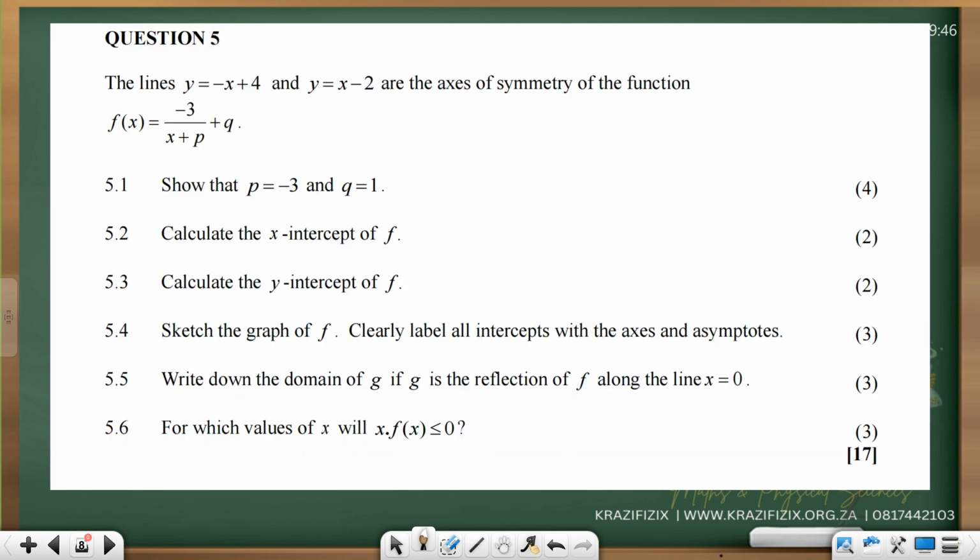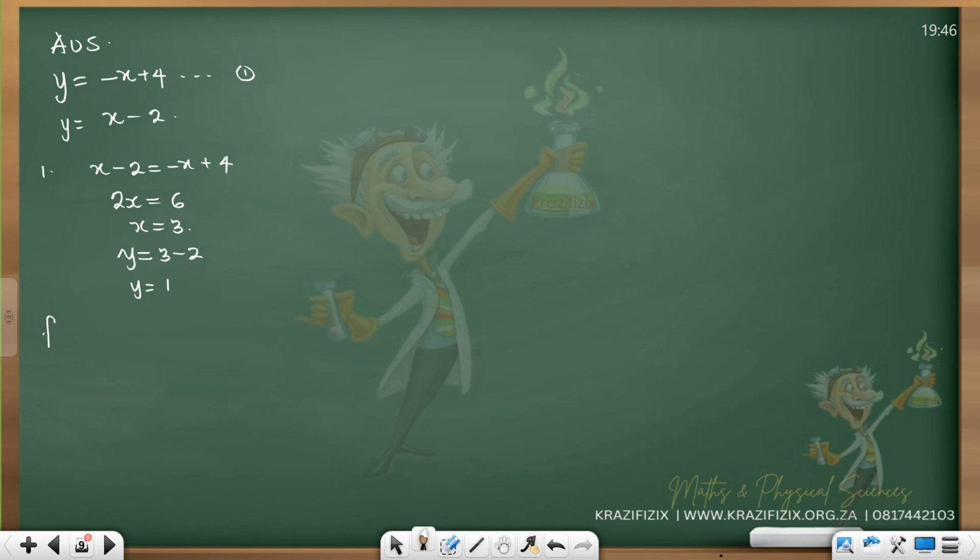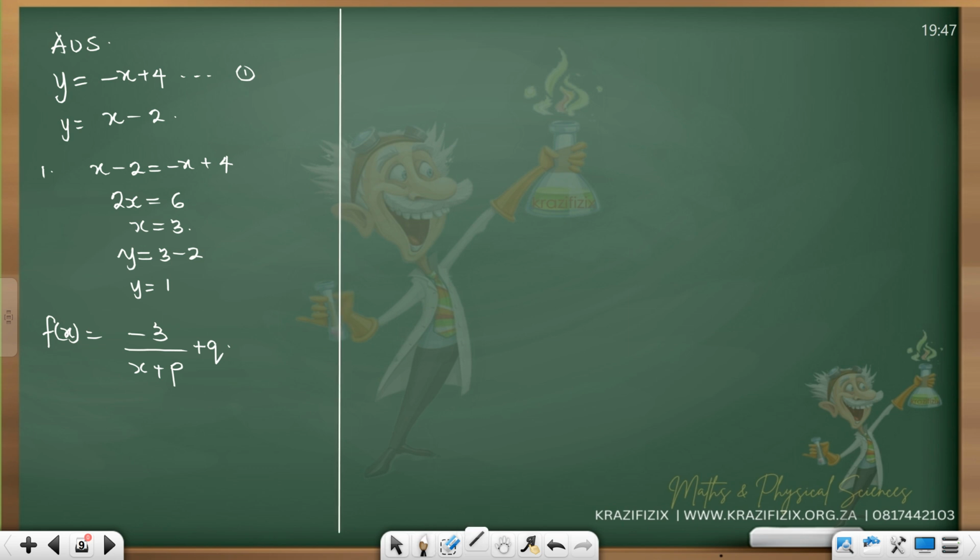My equation says y equals minus 3 over x plus p, plus q. Please, I want to call your attention to something important. Whenever you have this, make sure you carefully work out the value of p and q.